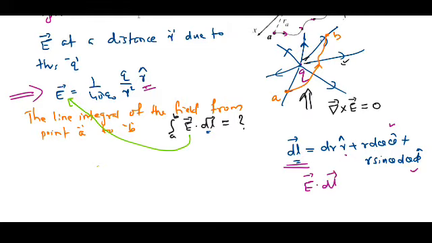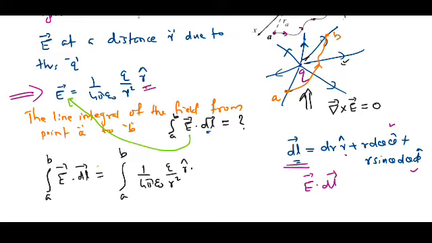Therefore, the line integral from a to b of E dot dl can be written as the integral from a to b of 1 by 4 pi epsilon 0 times q by r square r cap dot, instead of dl we can substitute this expression, dr r cap.